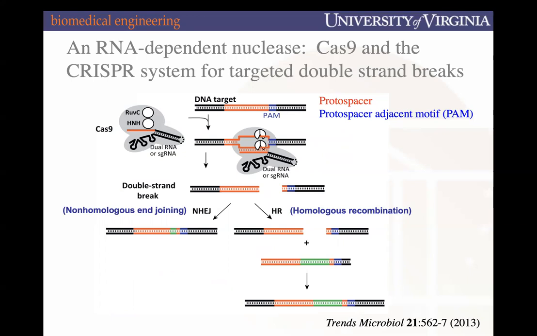And what's really fascinating is that this allows us to have a really targeted approach. It's RNA-dependent, so it has a template provided. Usually in a research setting, we provide that RNA template. We call it a single-stranded guided RNA. And the black region is what we call the CRISPR RNA.